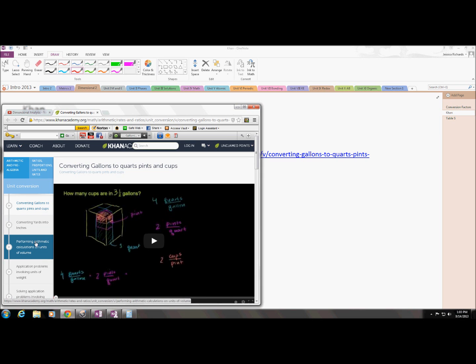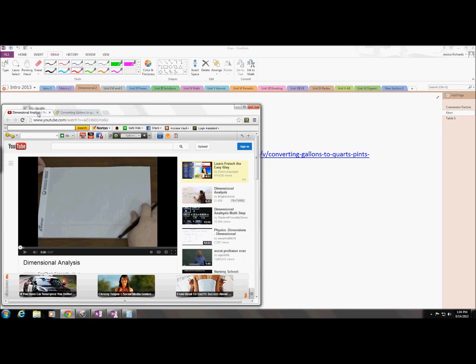I want you to learn to go to his website and look for help with your math or with your chemistry. But this dimensional analysis, this how do we convert units, is going to be in his arithmetic pre-algebra section here. Okay? You can also search YouTube itself. Search dimensional analysis, and you're going to get a lot of different teachers showing the same work.